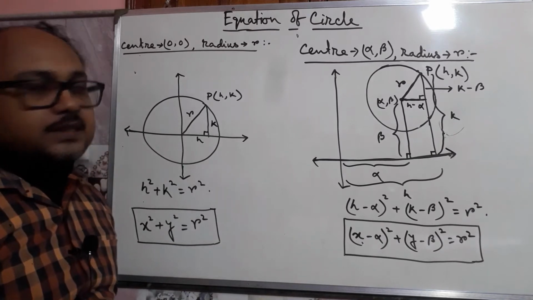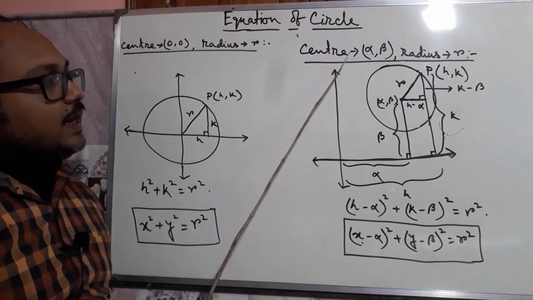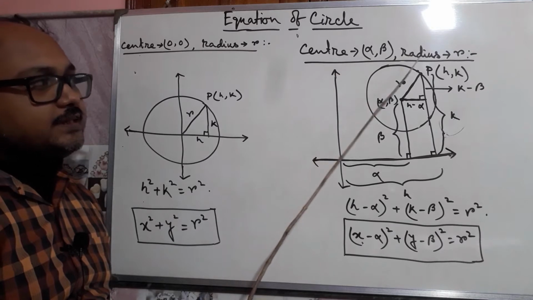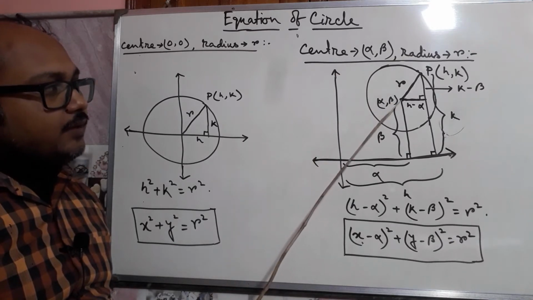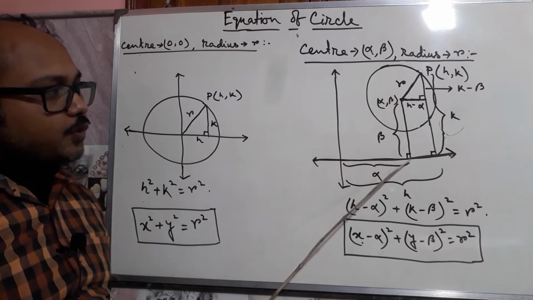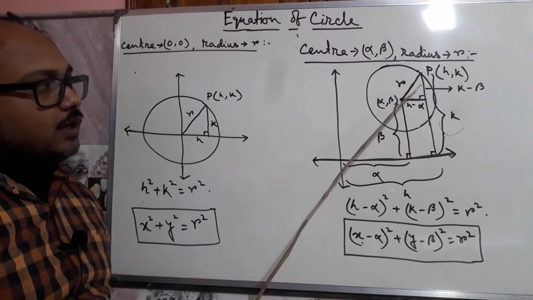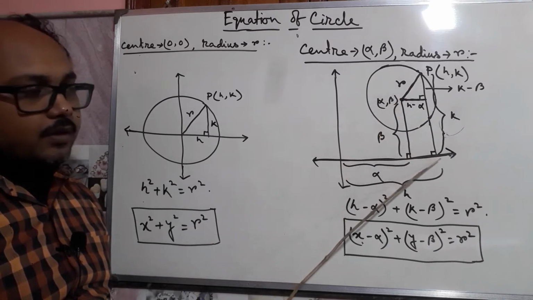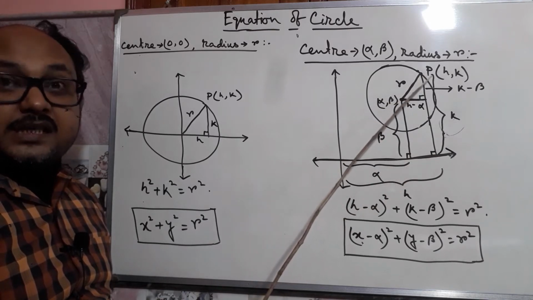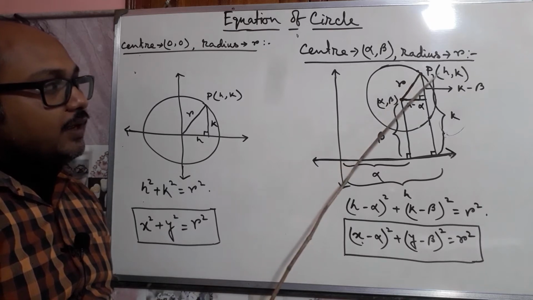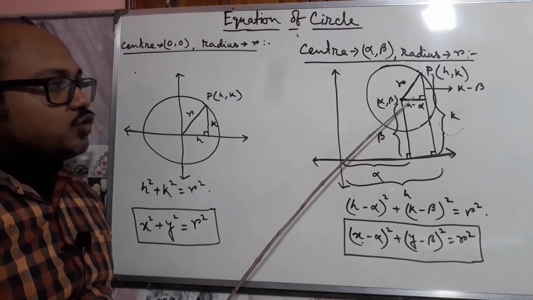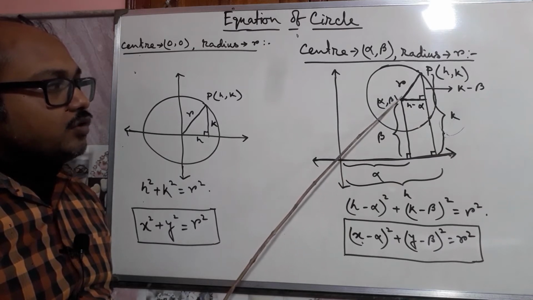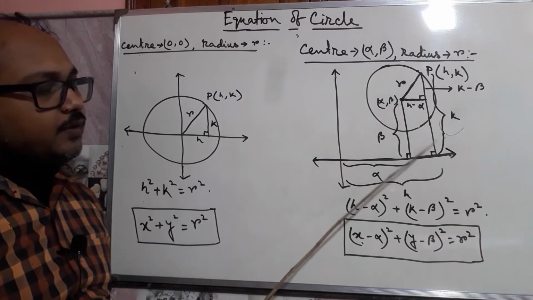Another equation of a circle has the center at the point (alpha, beta) and the radius is the same r. This is the center (alpha, beta). Now, P is an arbitrary point on this circle having the coordinate (h, k). We draw a perpendicular from the point P, and from the center we draw another perpendicular on this perpendicular.